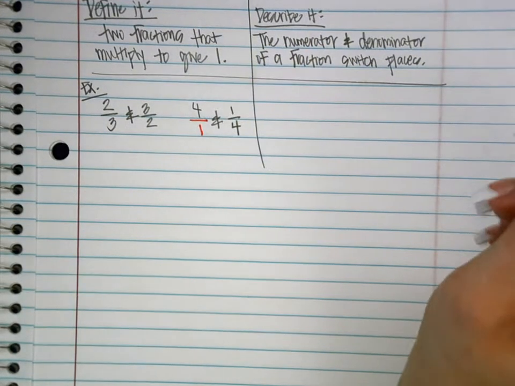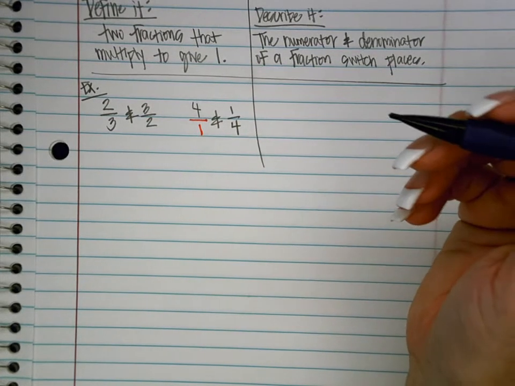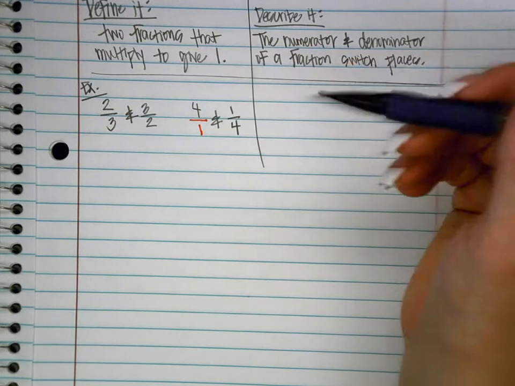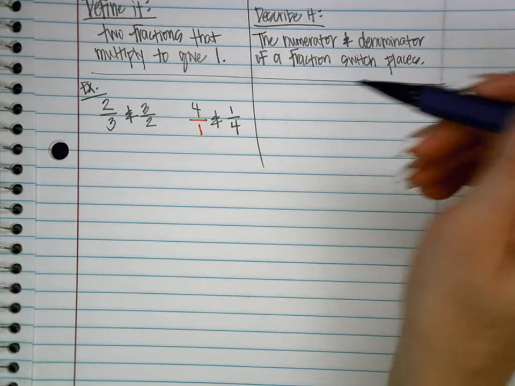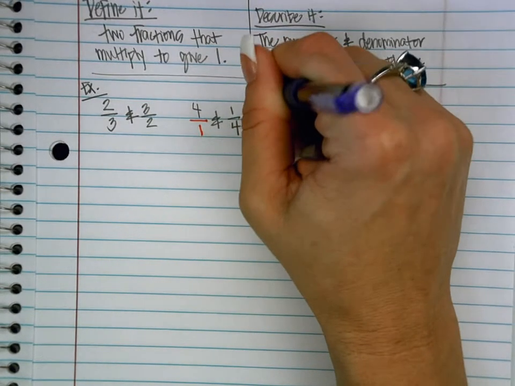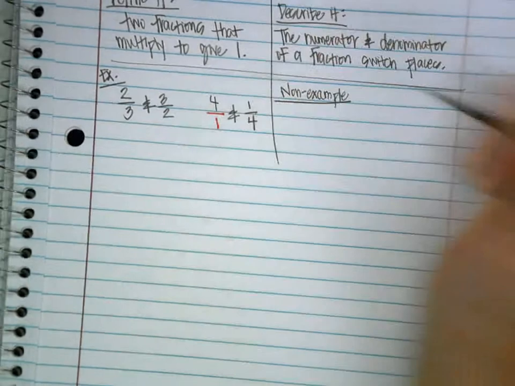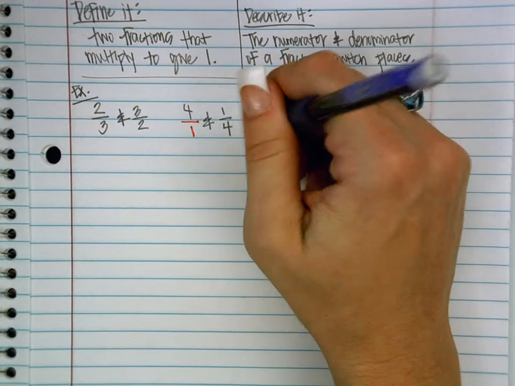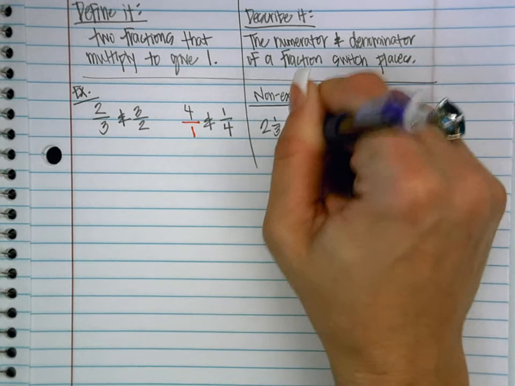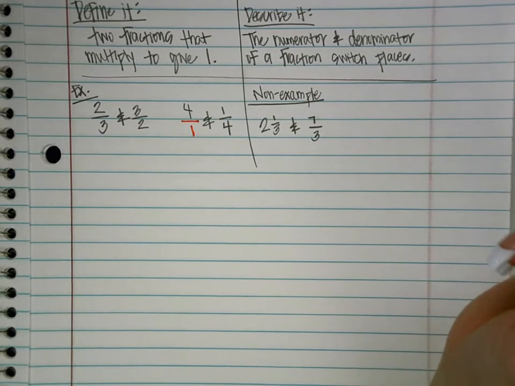You can find the multiplicative inverse of any whole number just by giving it a 1. Now some non-examples. What does it mean to be a non-example? Something that's not it. What if I gave you 2 1/3 and 7/3? Why is that not a multiplicative inverse?